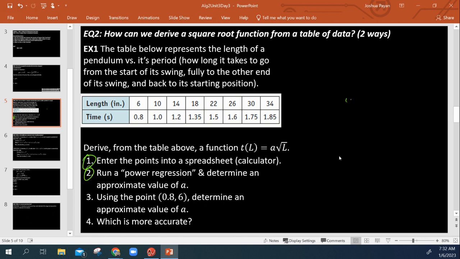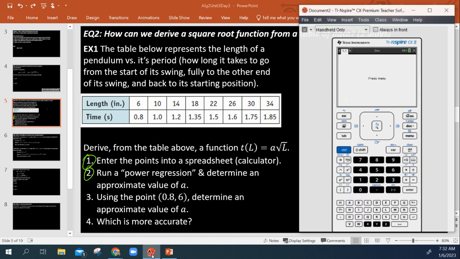So we're trying to get this a times the square root of the length of the swing relative to the time. That's important because that's our stretch factor.